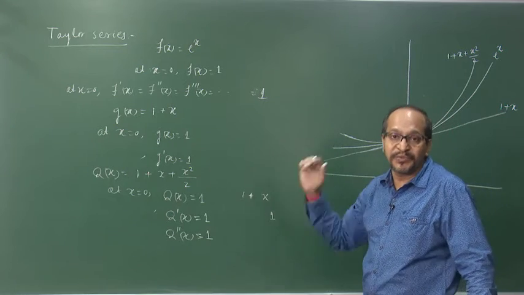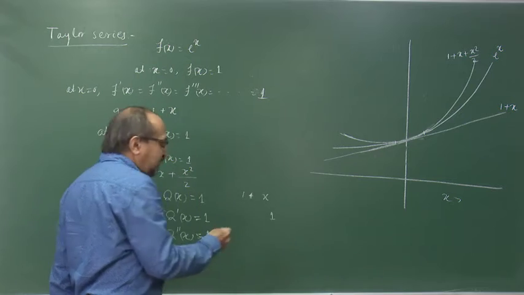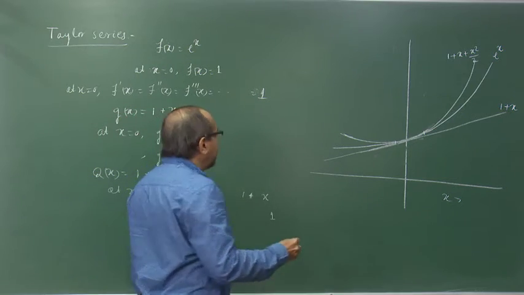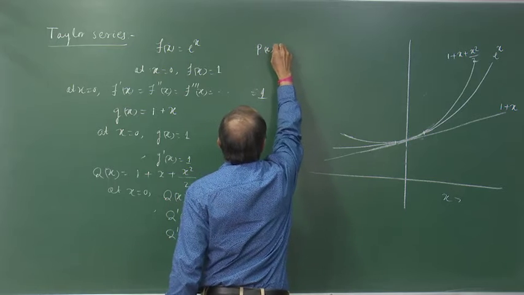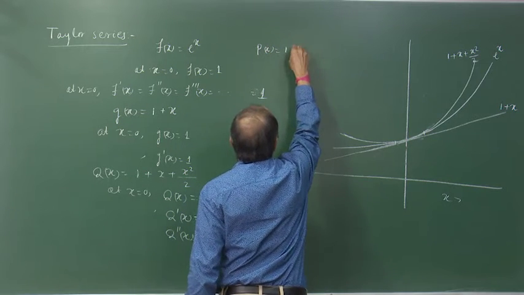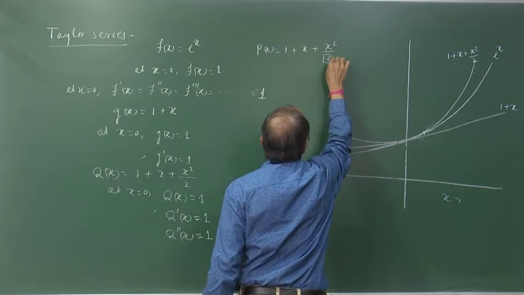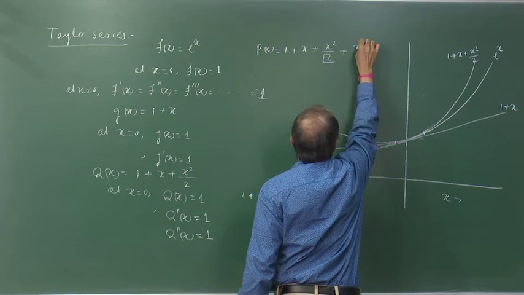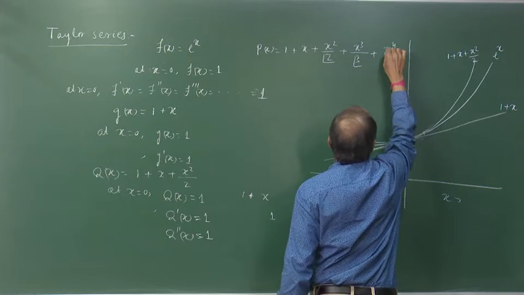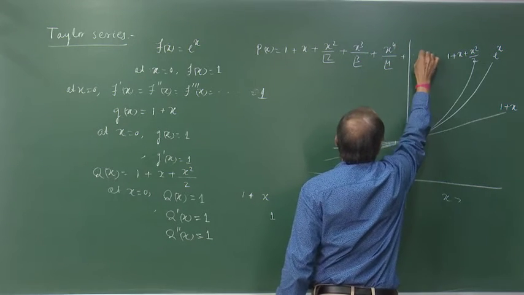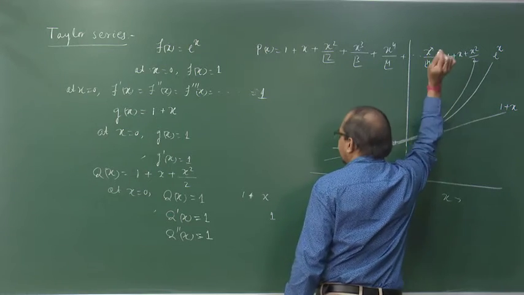So, in this way, if we go on like this, if we define a polynomial like this, p of x is equal to 1 plus x plus x square by 2 factorial plus x cube by 3 factorial plus x to the power 4 by 4 factorial, and so on, x to the power n by n factorial.